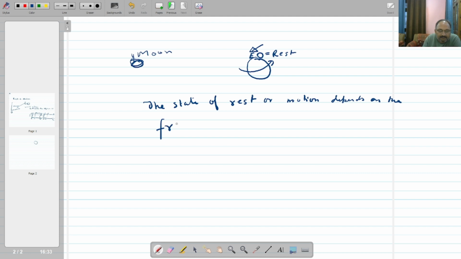Frame of reference from where we, means the observer, is observing the object.